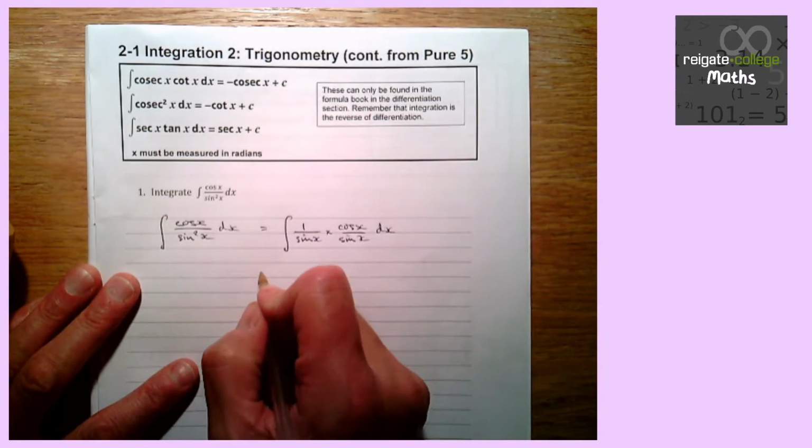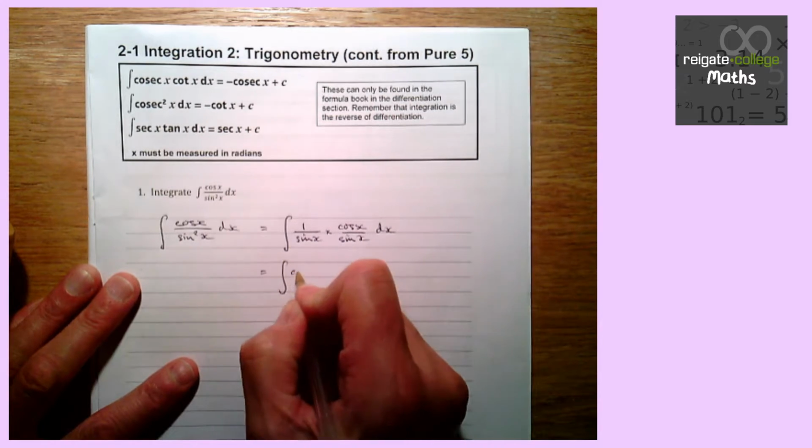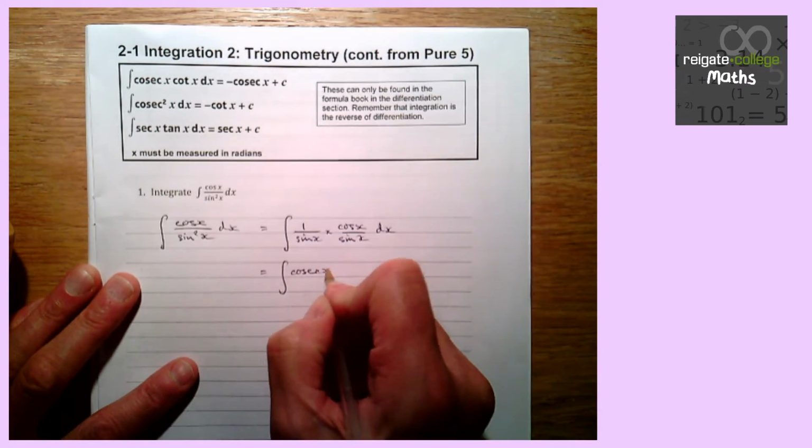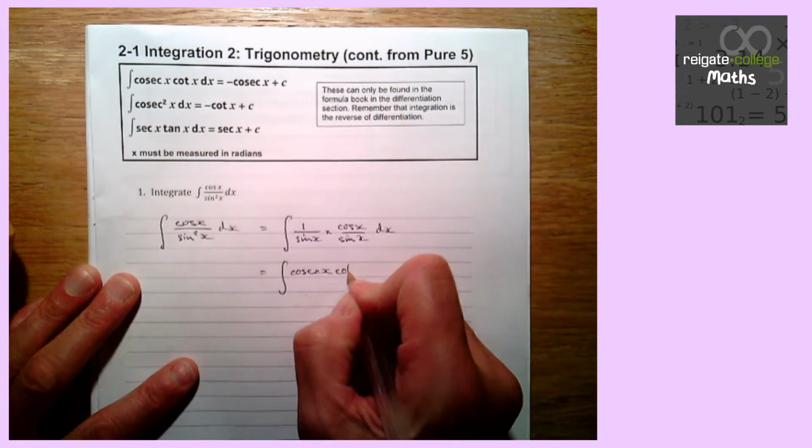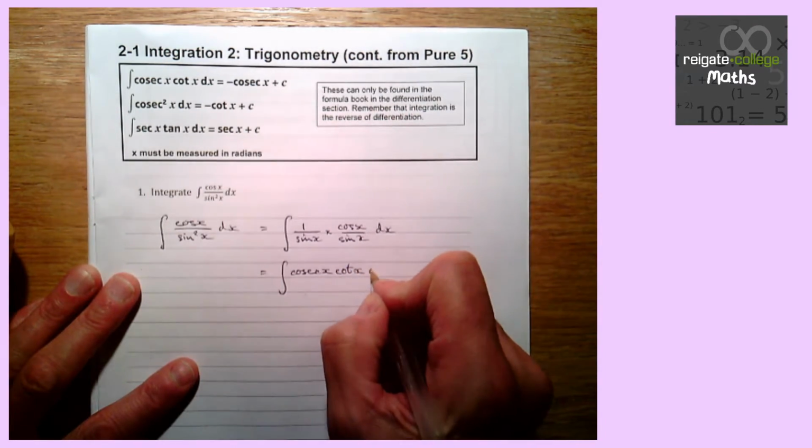We know that 1 over sine x is cosec x, so that's cosec x. We know that cos x over sine x is cot x, so cot x there, dx.